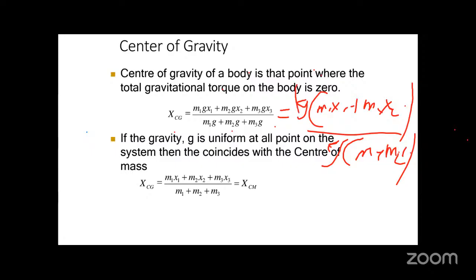So these two G's, since they are the same, will cancel out, isn't it? Yes, sir. So if they cancel out, our equation returns back to the normal center of mass. So the center of mass and center of gravity coincide when the field is uniform. That is, when we have a uniform gravitational field, the center of gravity is equal to the center of mass.